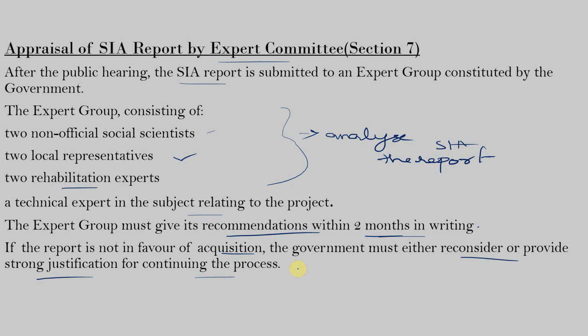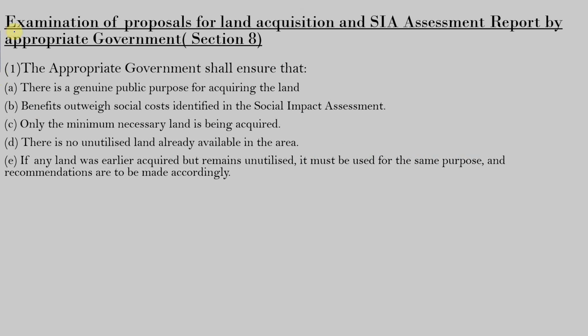So, the expert committee can either accept or reject the report. And if the expert committee rejects the report, the government shall make some changes or provide some justification to continue the project.